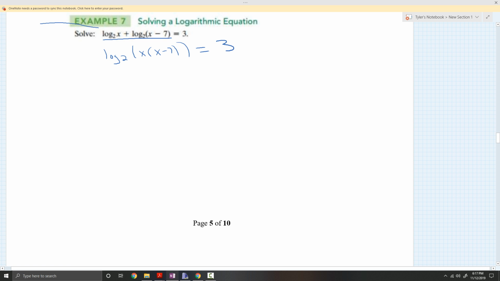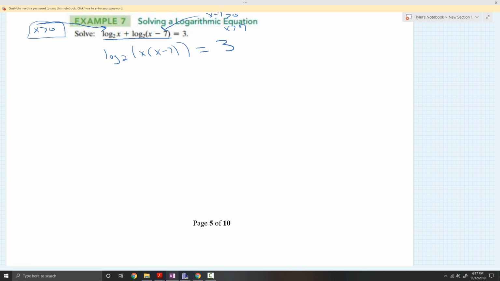Of this first one, we need x bigger than 0. And for this one, we need x minus 7 greater than 0. So if we add 7 to both sides, x has to be greater than 7. So really what we're after is that all solutions need to be bigger than 0.